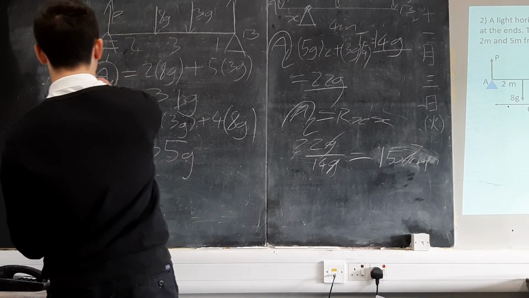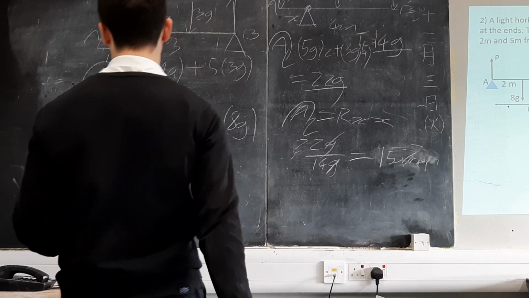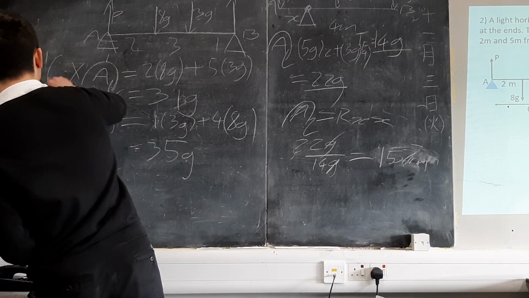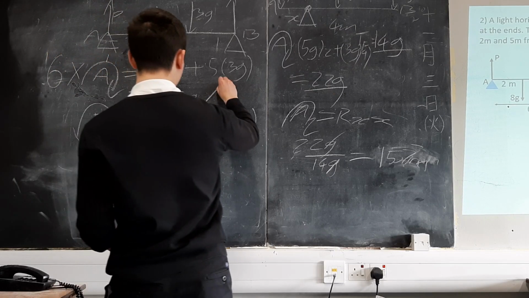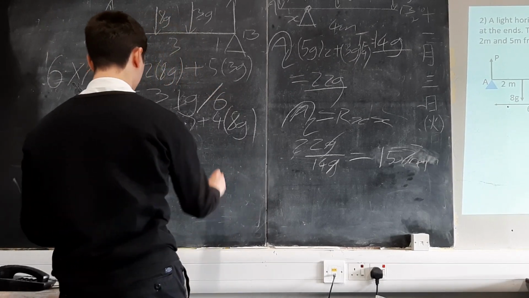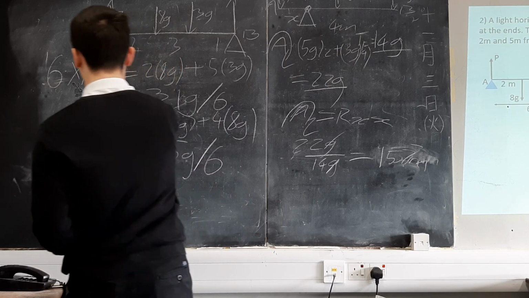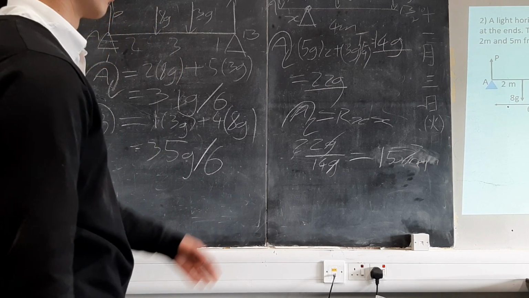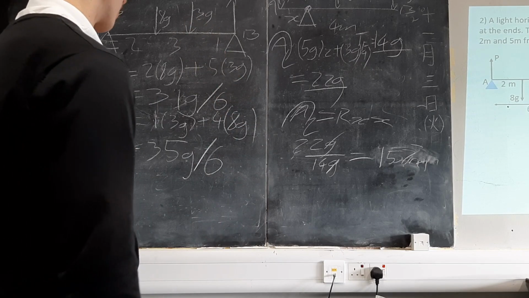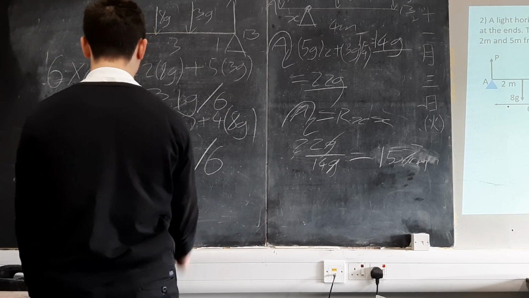This should have a times 6 on it as well, because that's the distance all the way here. So it's actually 31 over 6. This is also over 6 times 6. Again, so it's 31 over 6 and 35 over 6.